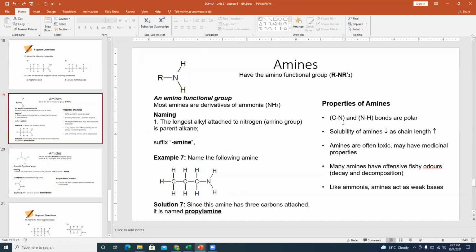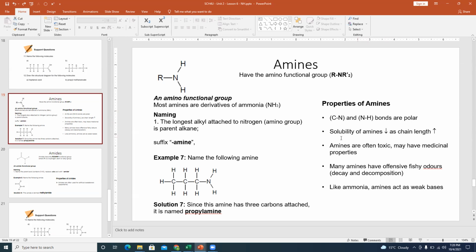And what you have to remember is that this nitrogen is electronegative. The carbon-nitrogen and the nitrogen-hydrogen bonds have some polarity, they're polar.